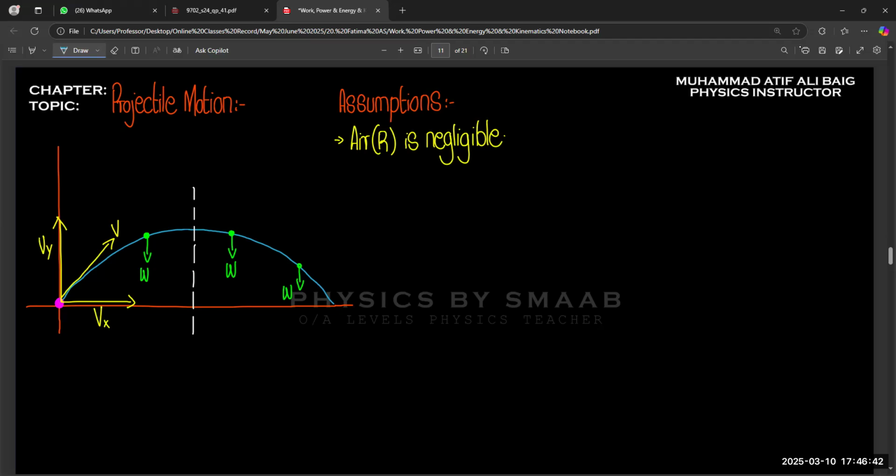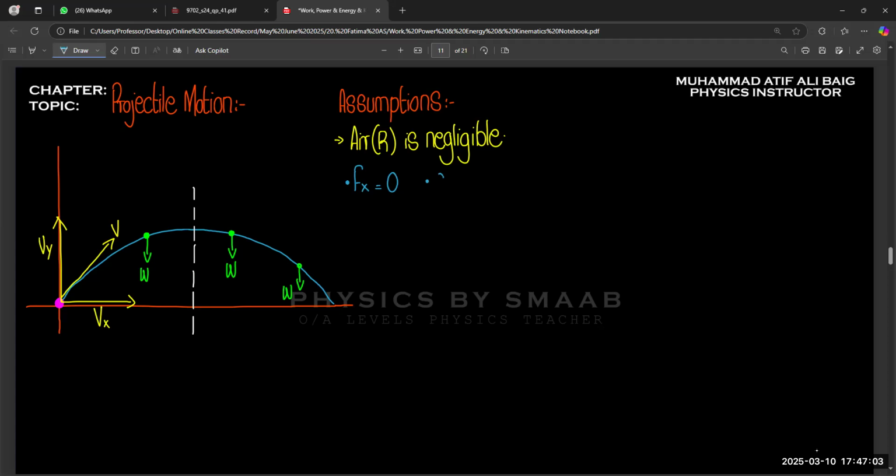So all the force acting on the x-axis will be equal to 0, and there is no resultant force acting on the horizontal axis.